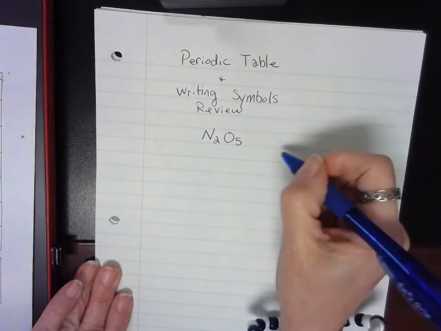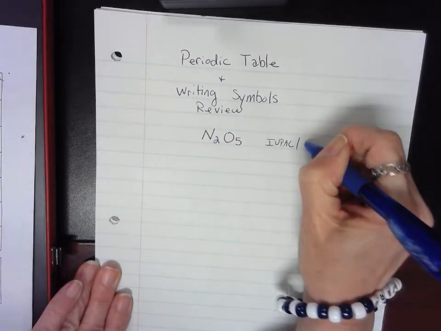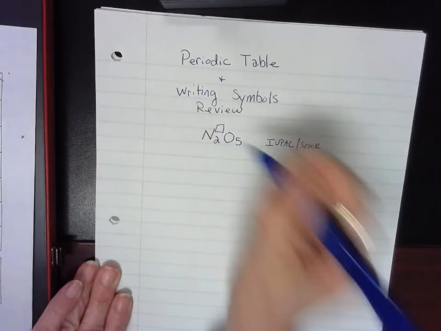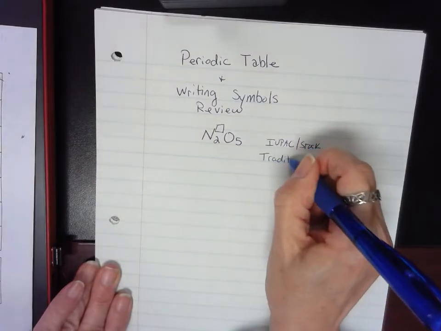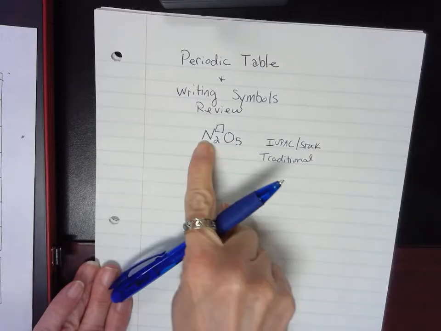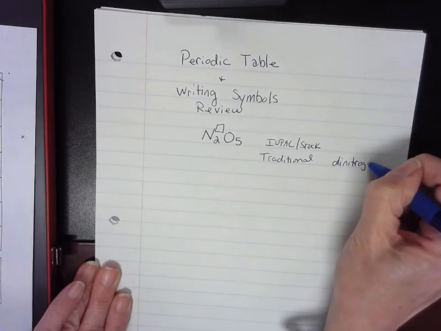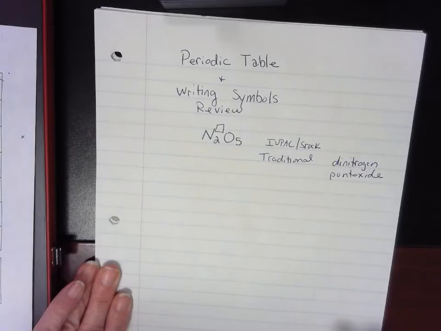Okay, so the IUPAC or the stock name, we have to find out the charge before we can name it that way. But the traditional name is pretty easy. That's dinitrogen pentoxide. Your SLO is not heavy on naming things, so I don't want you to get too bent up on this, but I'm just trying to remind you what I mean by monatomic ion.